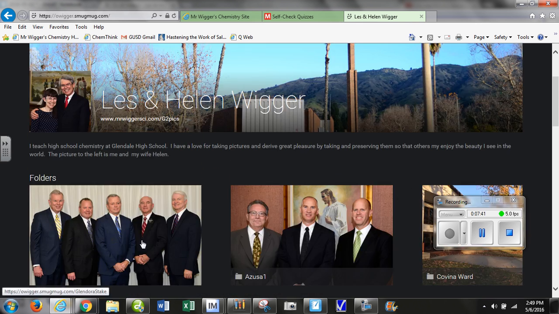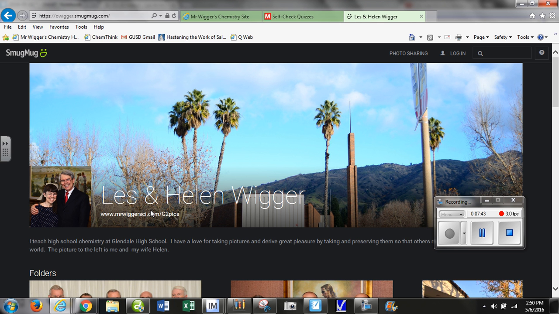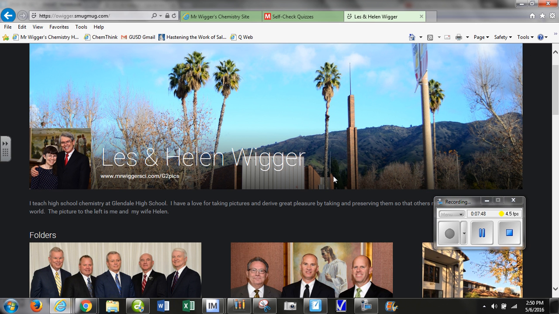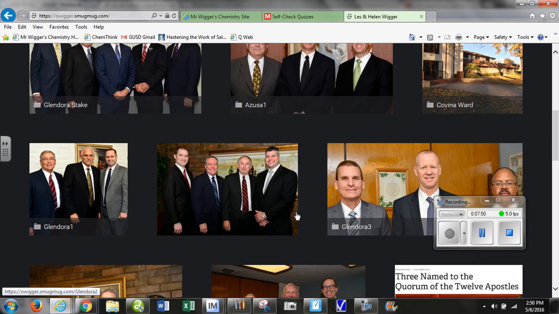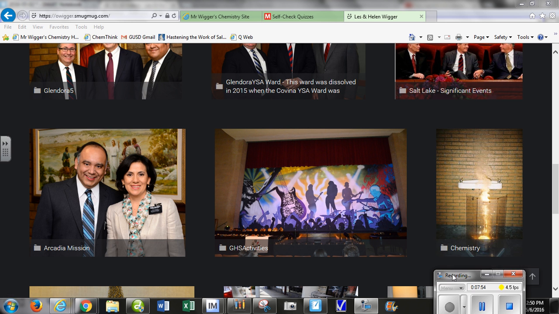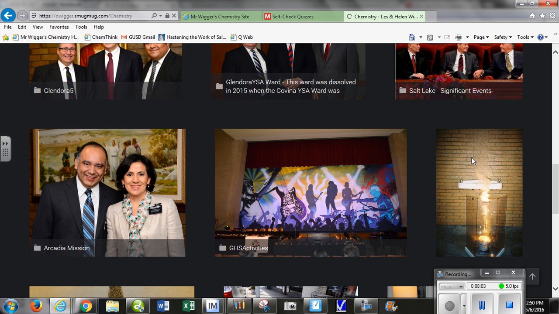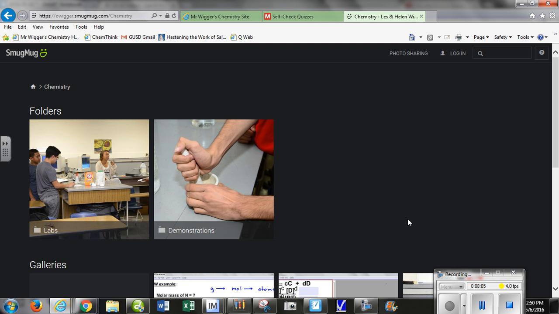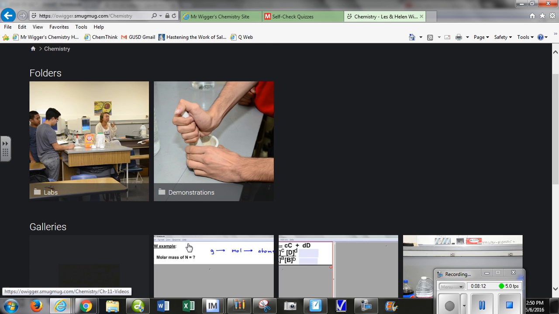So you're going to go down from my home page at the top where you see a picture of me and my wife and the building that I go to church in. And down here, a little bit further down, you'll see the chemistry thing, which is a picture of the thermite reaction, which is, of course, a very hot reaction. When you go in there, you're going to see basically two sections. You've got folders up here where you have labs and demonstrations.